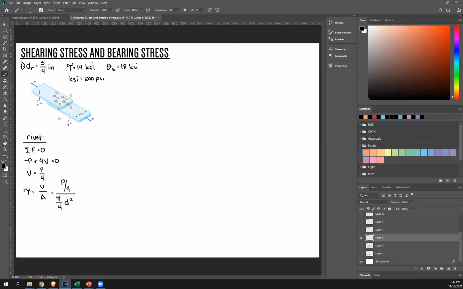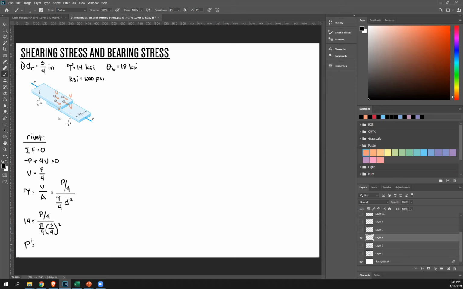Okay, and then let's substitute 14 ksi, which is 14,000 pounds per square inch, equals P, which is what we're looking for, over 4, over pi over 4 D squared. D is the diameter of the rivet, which is given, so 3/4.